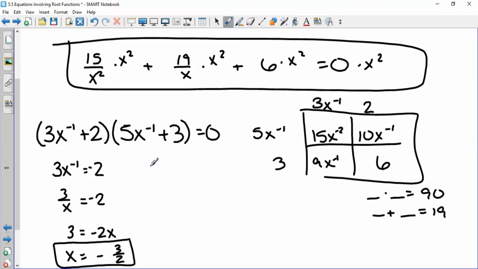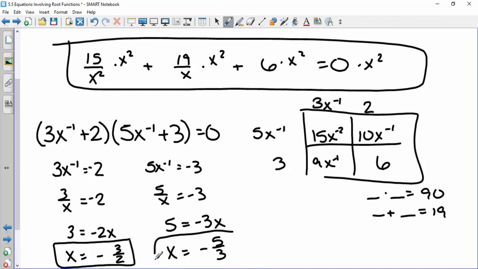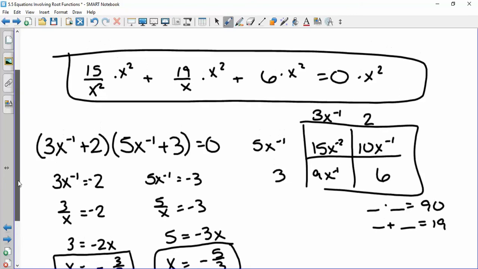Okay, I can go back and work the other way too. So this is 5 over x equals negative 3, multiply over the x, and you get negative 5/3. And then of course we know how to check them.